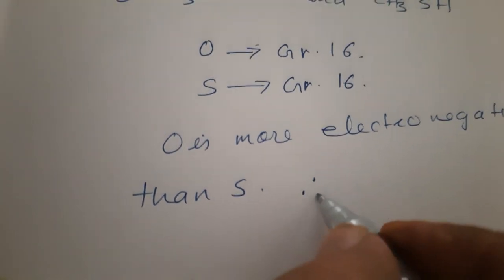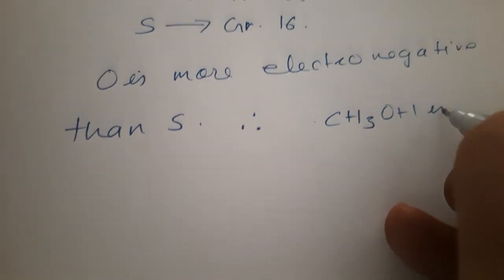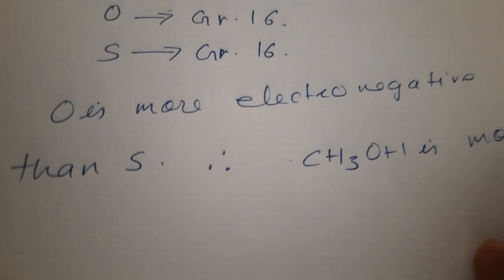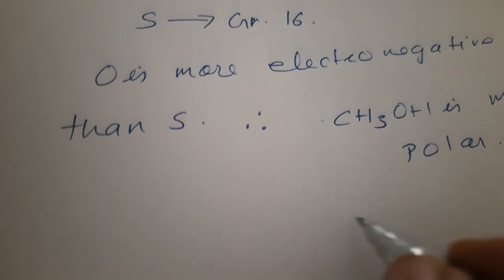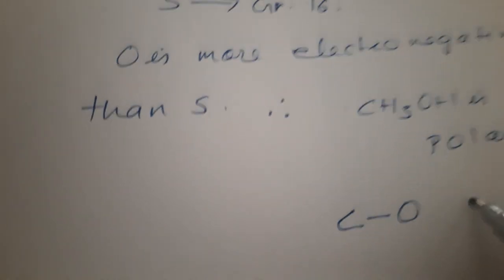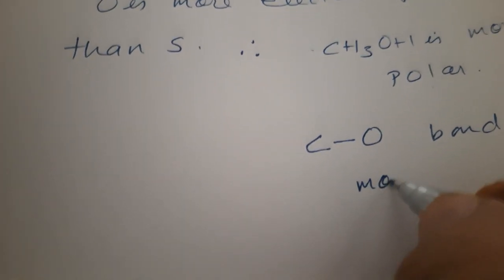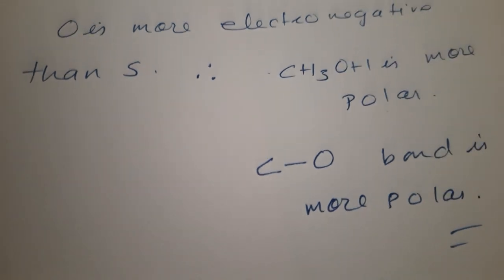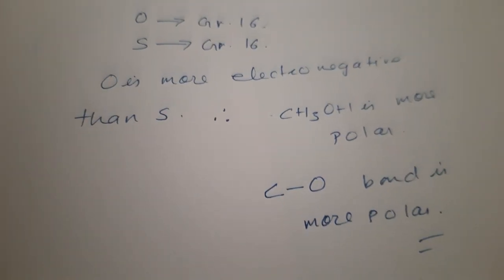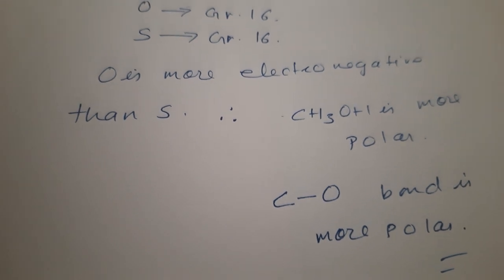Therefore CH3OH is more polar, that is, the C-O bond is more polar. In this way we have to answer the questions. Tomorrow I will explain resonance and other effects.